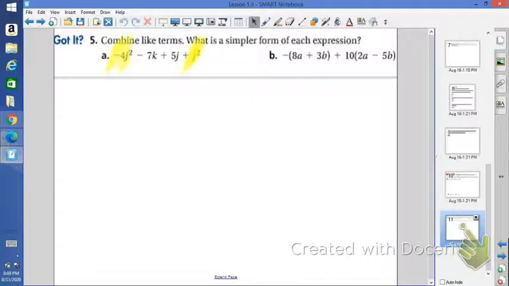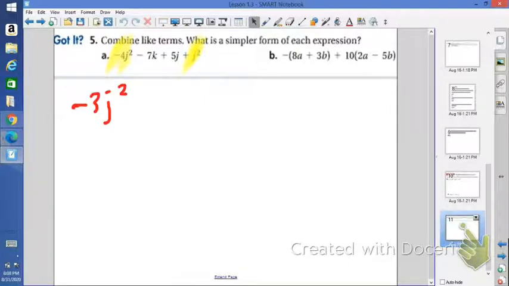So a negative 4j squared plus j squared. So what's negative 4 plus 1? That's negative 3. So we're going to have a negative 3j squared. Alright, so you're just adding the coefficients together. Remember, coefficients, that's one of our vocabulary words.